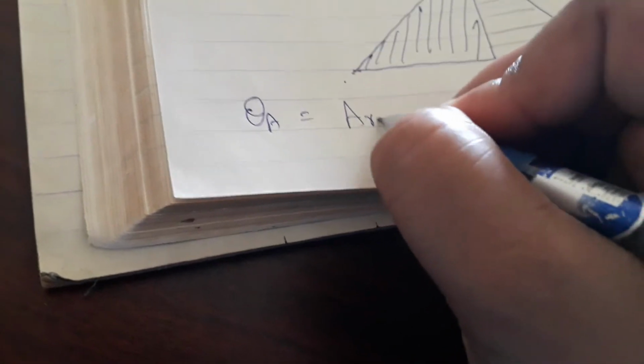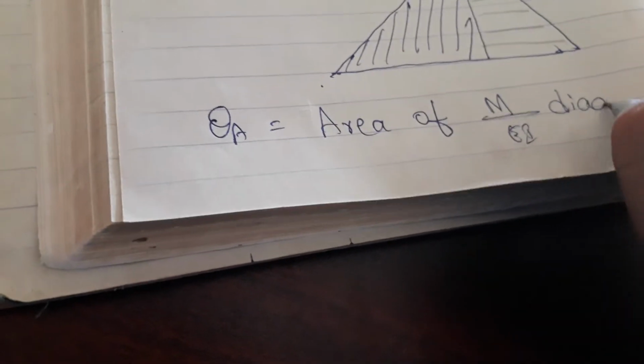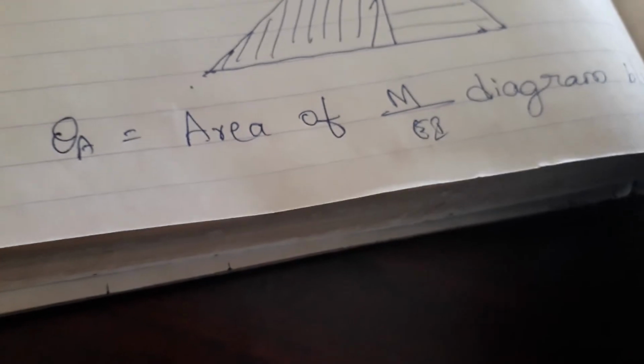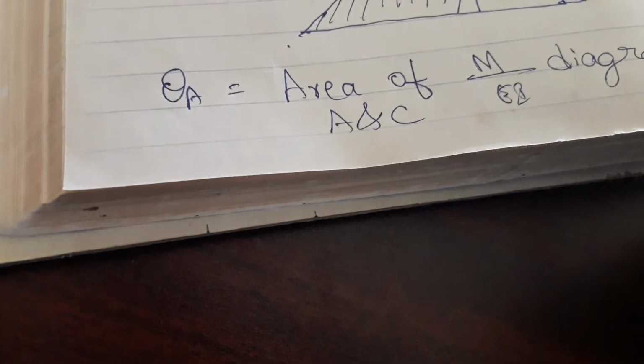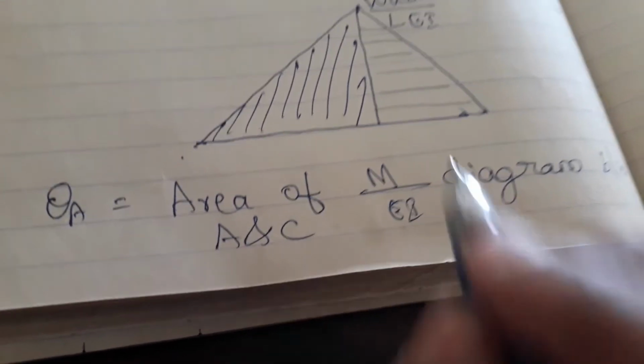So now theta A is equal to the area of M by EI diagram between A and C.